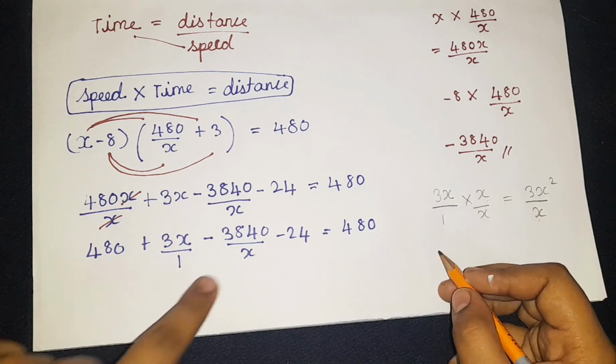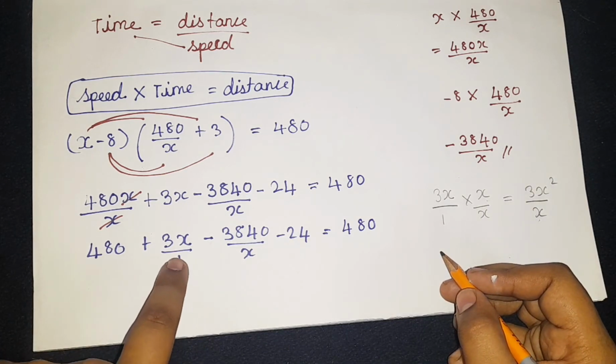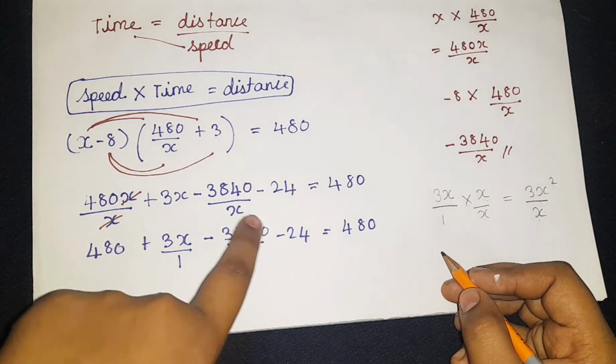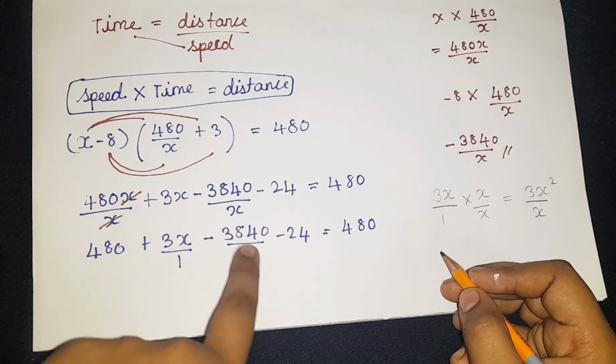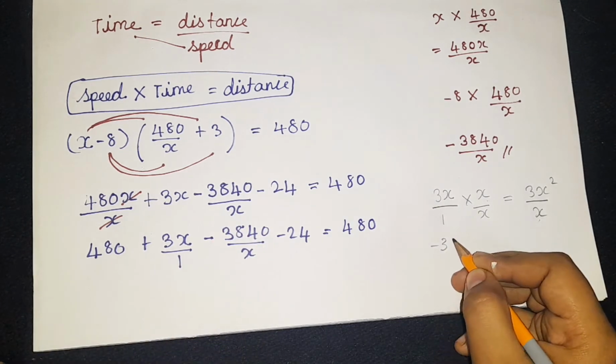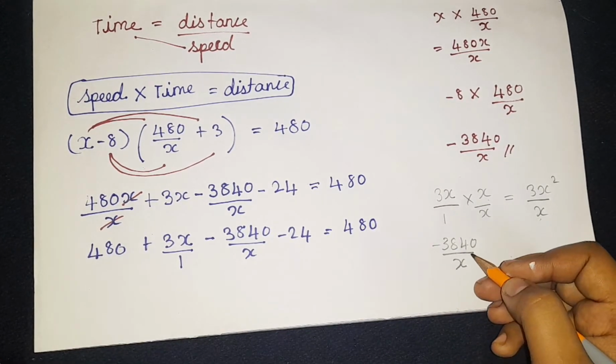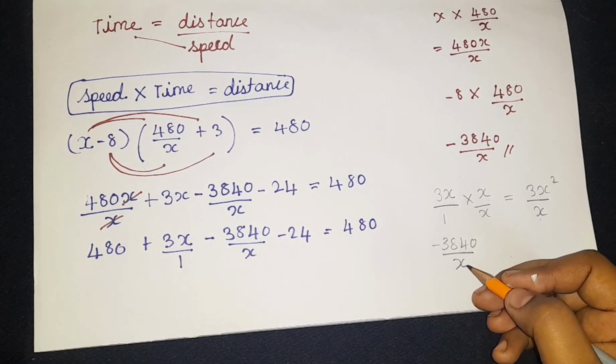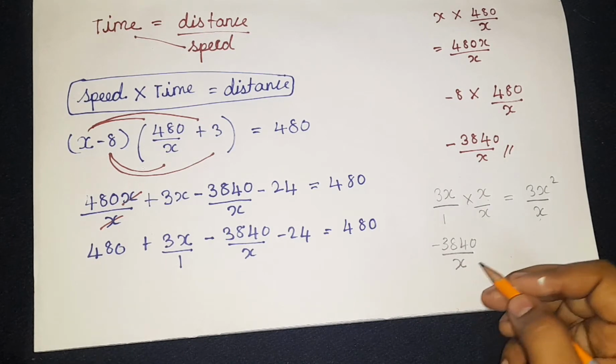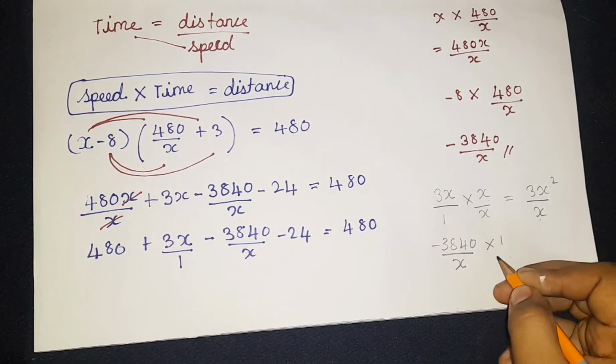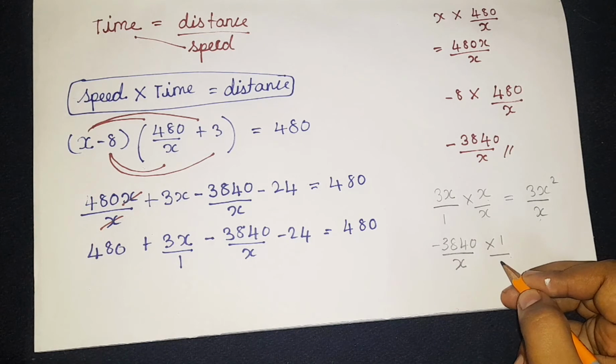Okay. So next we do LCM of this one and this x, am I right? So we are going to be taking this one, that is minus 3840 divided by x. Here also we should multiply with some number in which we should get the denominator as x. So we shall multiply it with 1.